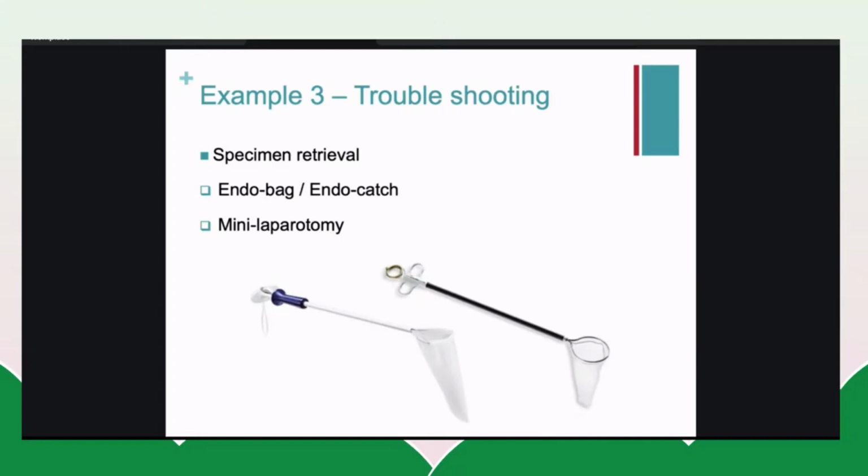Of course, our pathologists will be unhappy if we cut the uterus into pieces and they cannot orientate the tumor. So if the uterus is really too large, and we have to avoid morcellating it, another option is to perform a mini laparotomy, just about a 10 centimeter cut, so that we can retrieve the uterus intact from the abdomen. Compared with a big midline laparotomy scar, that also leads to benefits for the patient.